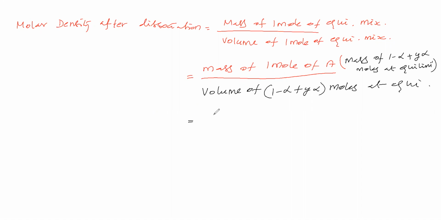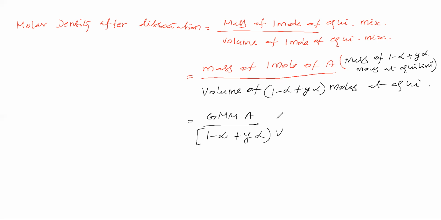For the numerator, the mass of 1 mole of A means the gram molecular mass of A. The denominator is the volume of the equilibrium mixture, that is (1 minus alpha plus Y alpha) into V. So the denominator volume is (1 minus alpha plus Y alpha) into V.